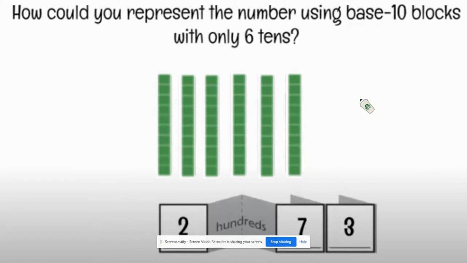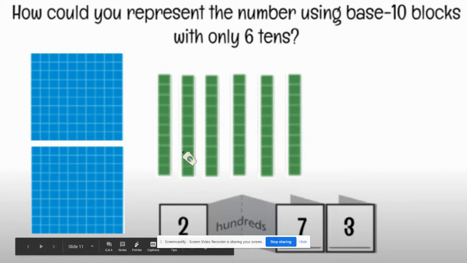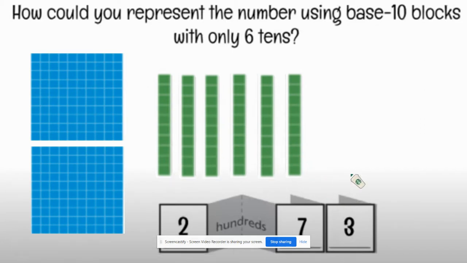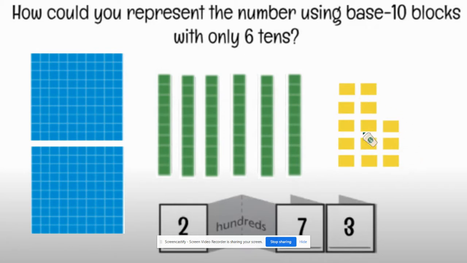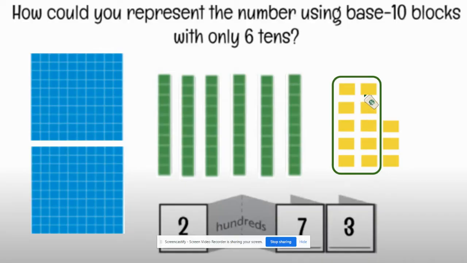So how can we represent this number using base 10 blocks with only 6 tens? So what do we need to do? So we need to add 2 hundreds. Now we have 1, 2, 3, 4, 5, 6. So I need to add, this will loop to make a 10. Sorry.